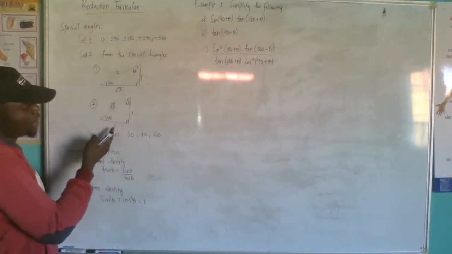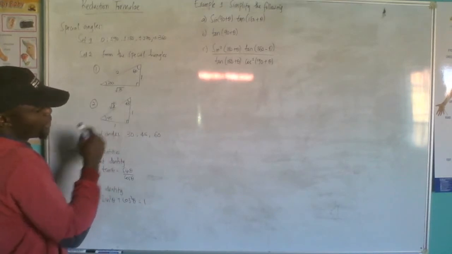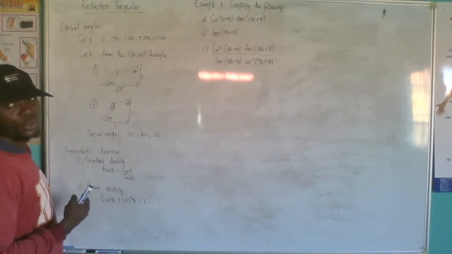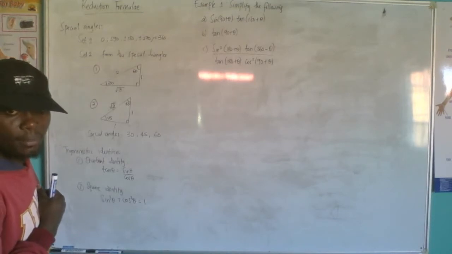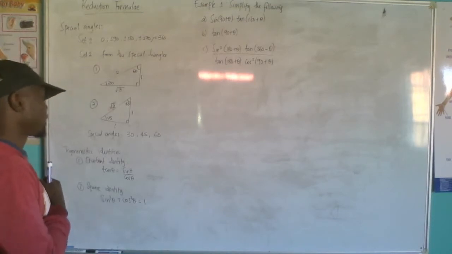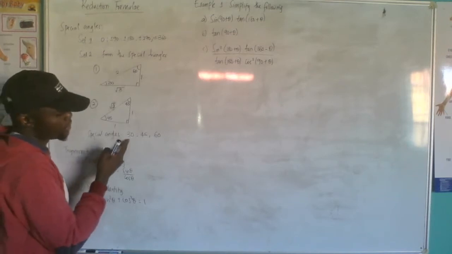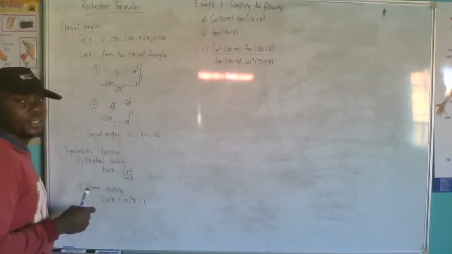Then for the second triangle, where you have 45, 45 and 90, opposite to 45 is 1, opposite to 45 is 1, and the hypotenuse becomes root 2. So these two triangles you have to know by heart. Those will give us the special angles, which is the second set, 30, 45, and 60.